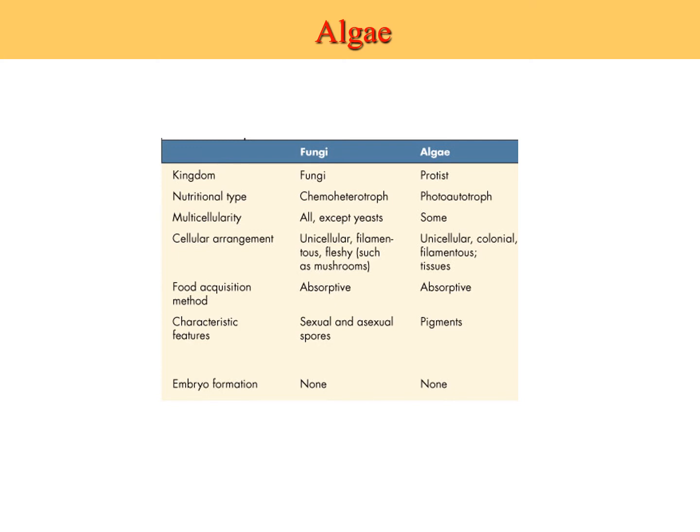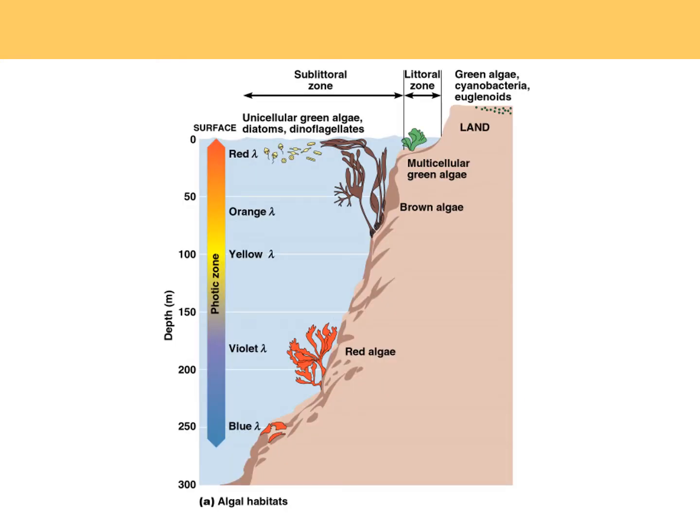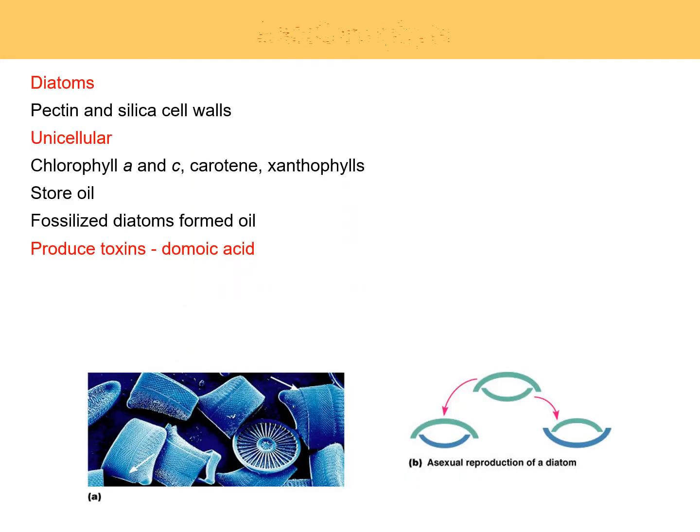We're just comparing in this table fungi and algae. But let's move on. All kinds of algae grow in the ocean, of course. There are all kinds of sizes. The thing is that some cause disease, as you'll soon see. There are organism structures called diatoms. They're unicellular, and they produce a toxin called domoic acid.